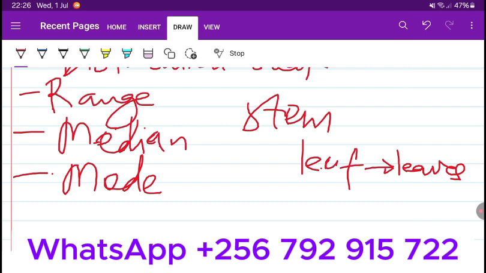So these are some of the things that I'm highlighting, and the other aspect is that when we are done with this topic, the next topic we are going to start with is the measure of central tendency, where we are basically going to be looking at the mean, median, and then the mode.